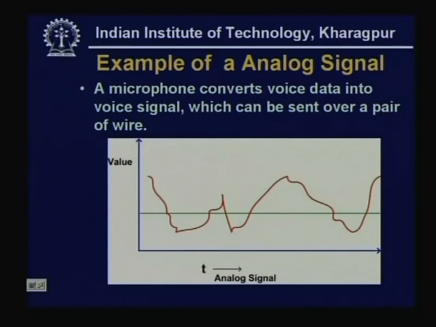That microphone is essentially a transducer which converts the vibration or pressure on the microphone into an electrical signal, generating a voice signal, which can be sent over a pair of wire. Here is an example, say T, and as you can see here you have that electrical signal with different amplitude values. On this side it is shown. So, this has an infinite number of values. So, it is analog in nature.